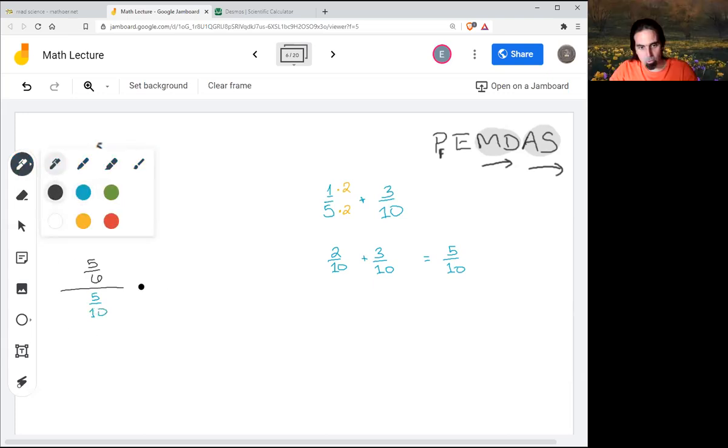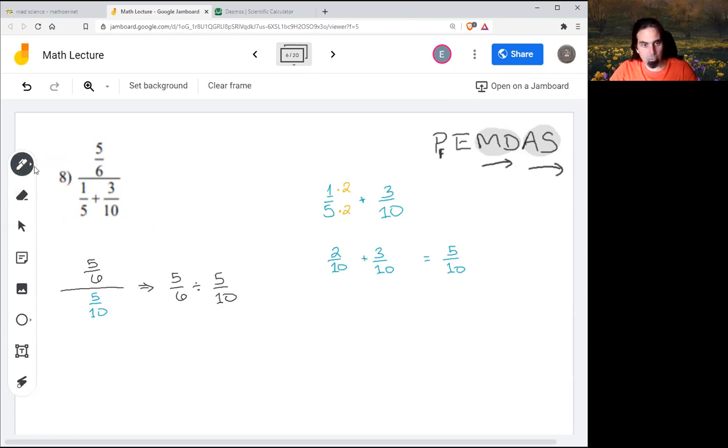Okay, I'm going to actually write something you didn't say. This giant fraction bar turns into that division symbol. But then yes, we take the second one and flip it just like you said.